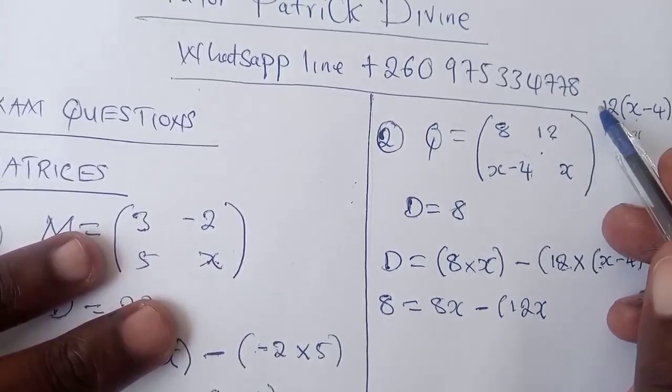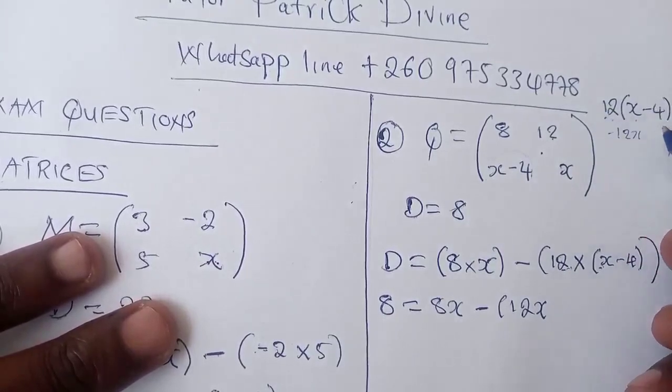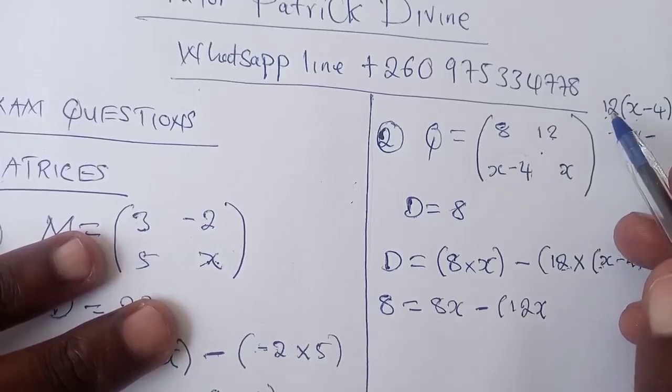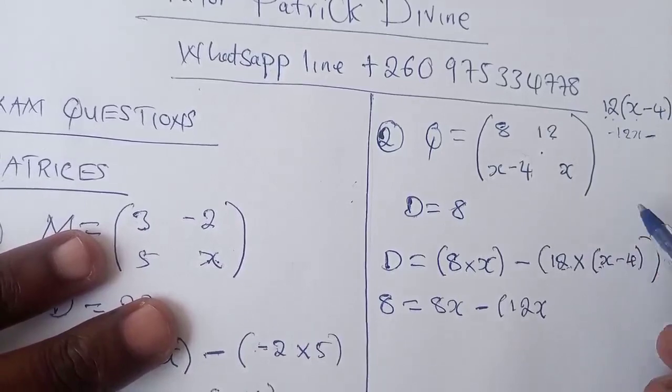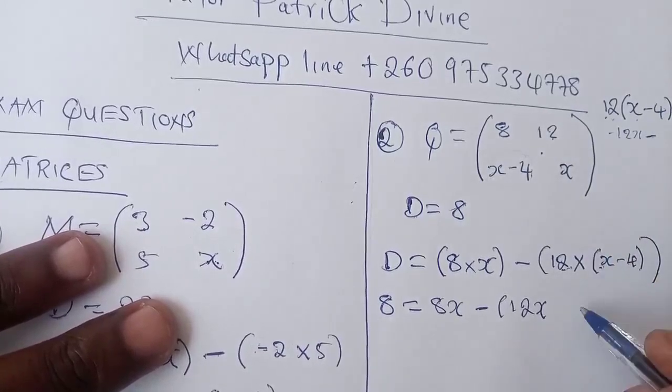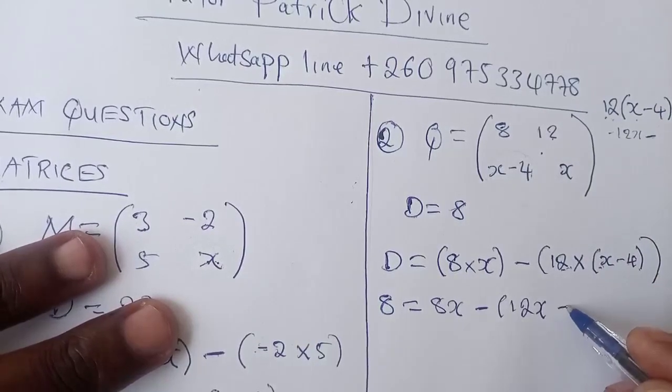Then there is a positive sign. Positive times negative, you put the negative here. Then you multiply 12 times 4. So it's just one and the same. Even here you put negative.